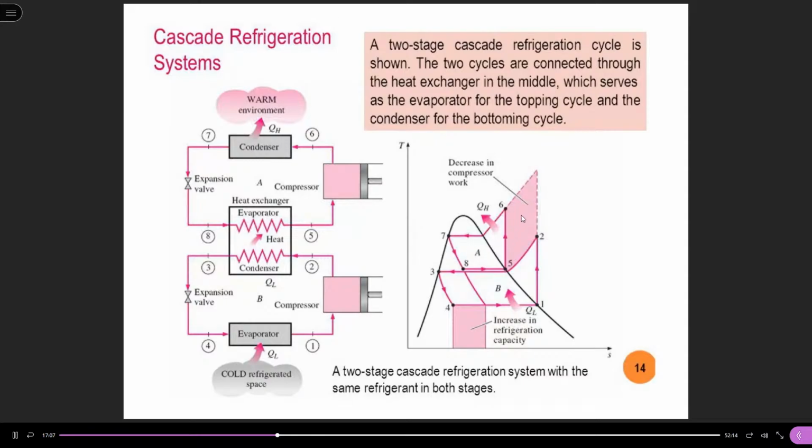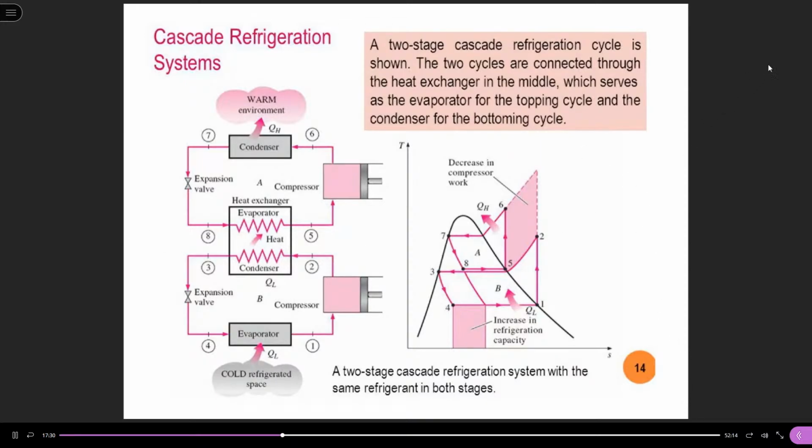To further elaborate the Cascade refrigeration system with two-stage compression, this is the low pressure cycle.